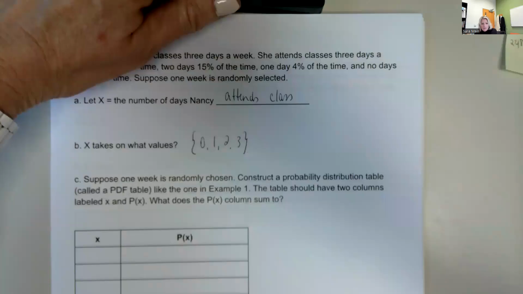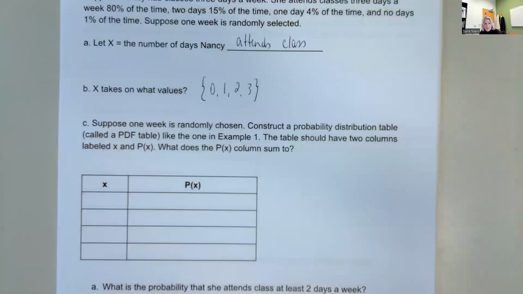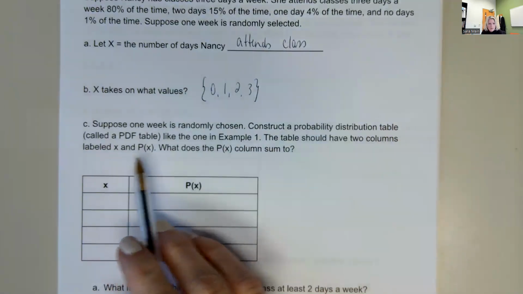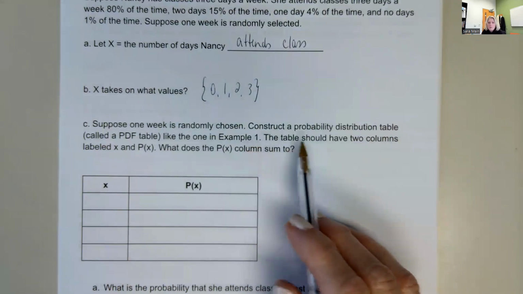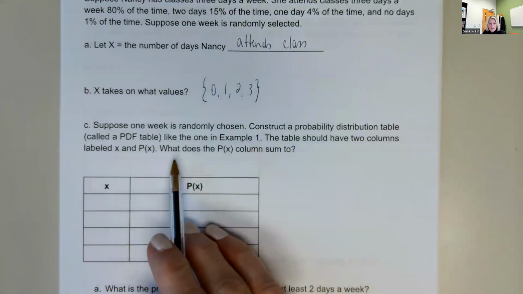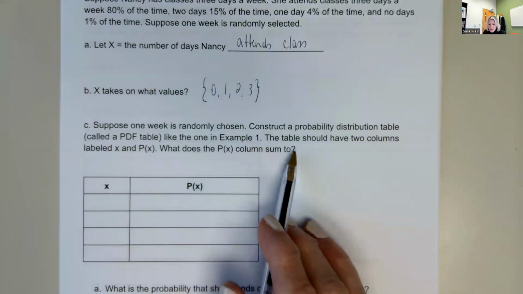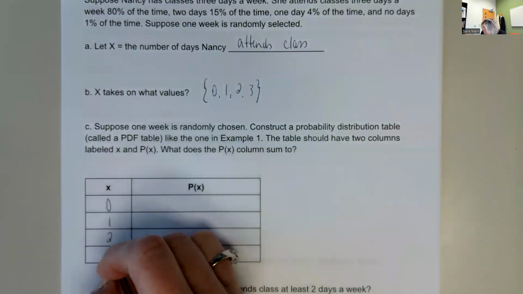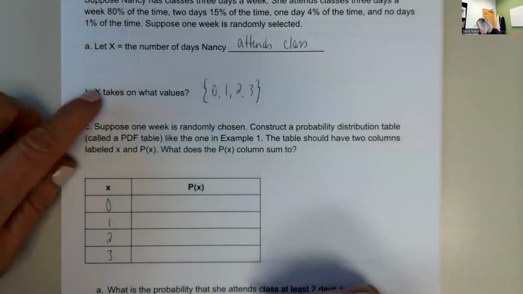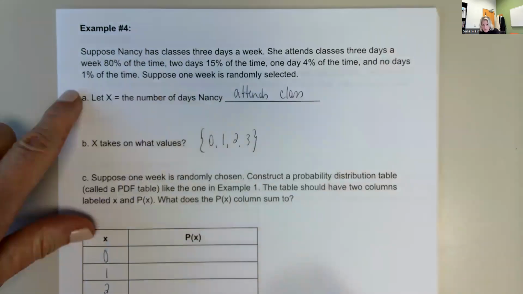So if 1 week is chosen randomly, construct a probability distribution like we looked at in example 1. The table should have 2 columns, X and P of X. And what does the column P of X come to? So we've got 0, 1, 2, and 3. And it says that she attends no days 1% of the time.